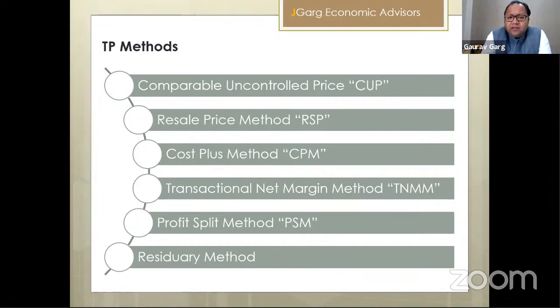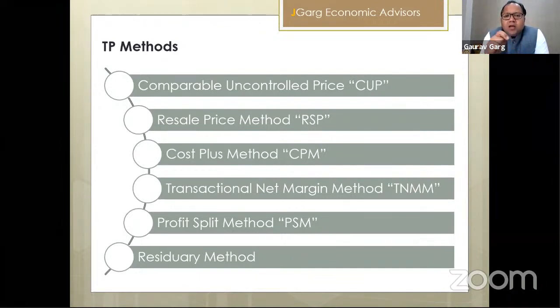Price is the point wherein the buyer agrees to buy and the seller agrees to sell. So before comparing the prices, we need to compare the terms and conditions which actually went into fixing the price. Price gets impacted by a lot of factors. If we take, let's say, the example of the jacket which I'm wearing, the fabric will have an impact on the price.